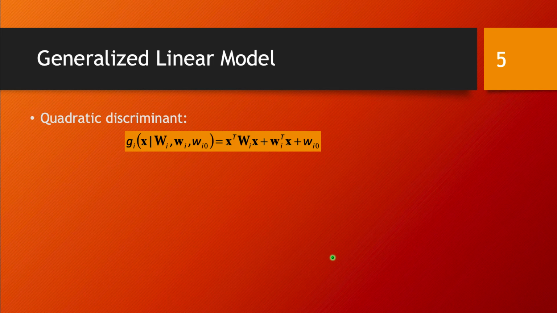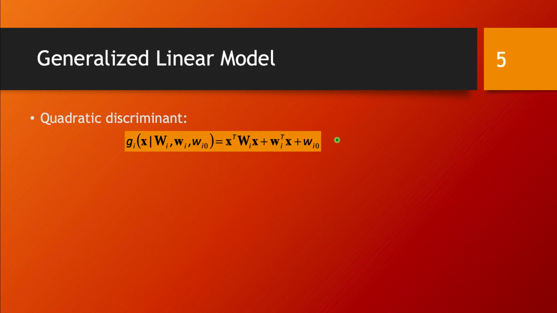So here is the idea of the generalized linear model. Depending on how your data is distributed, you might take a look at a quadratic discriminant separating your classes.